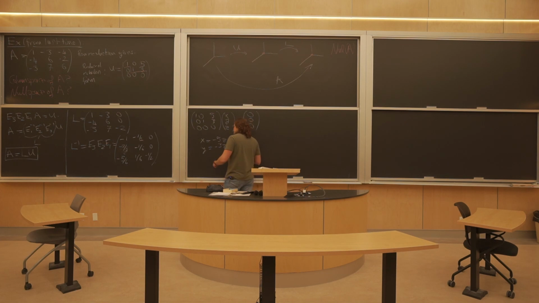I don't have any information about z. So this is the solution of this equation, and based on this understanding, any solution here is telling me the null space of U, and hence the null space of A.